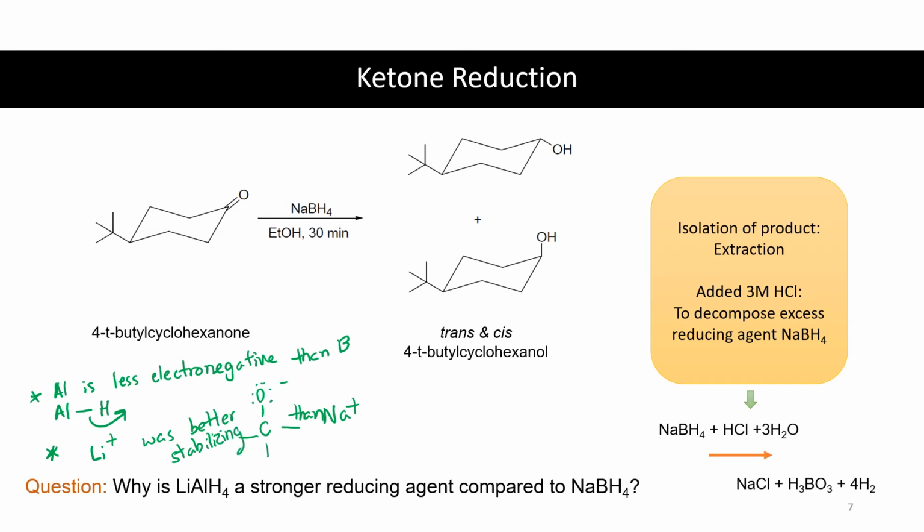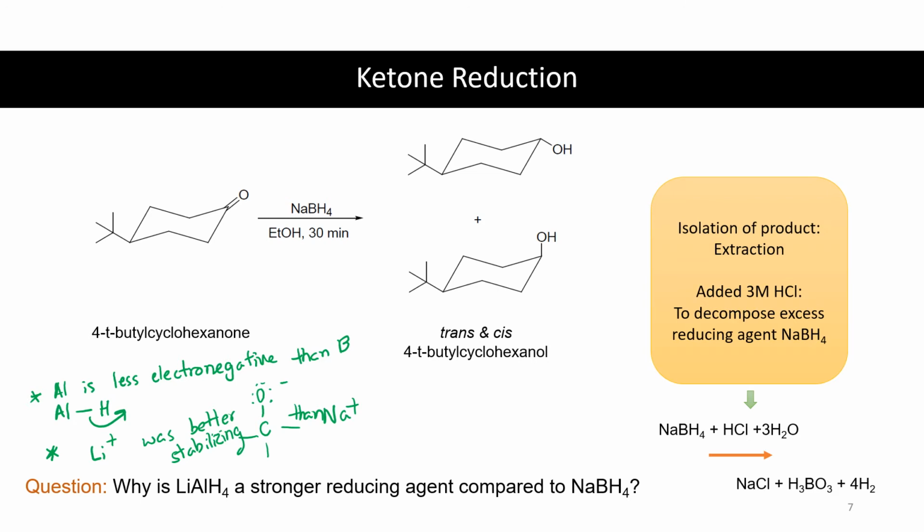And the other reason didn't really have to do with the reducing agents. It was really the structure of the carbonyl compounds. So if there is a carboxylic acid or ester or an amide, those kinds of structures have more resonance structures, therefore they are more stable.